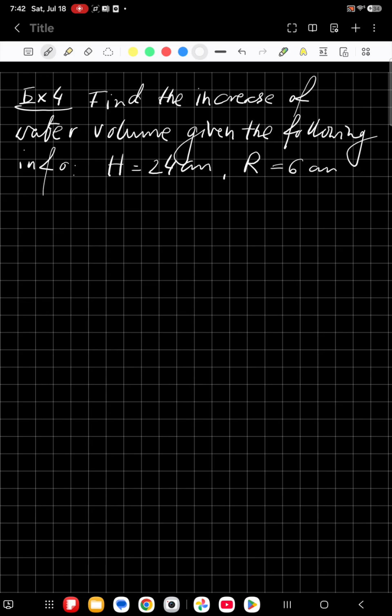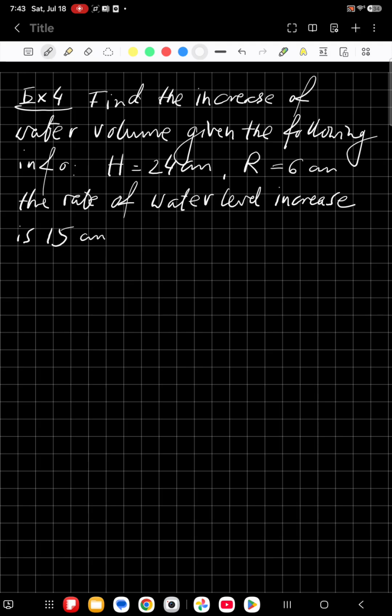Now, the rate of water level rising, like water level increase, maybe let's write it this way, water level increase is 15 centimeters per minute.